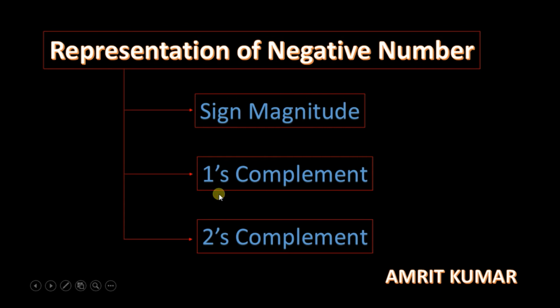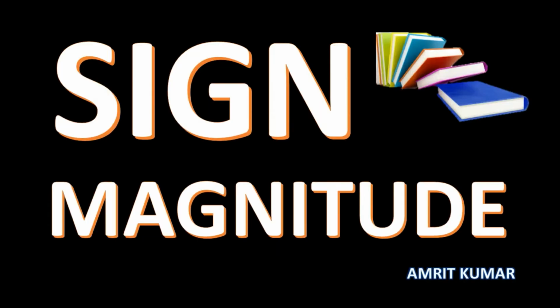In the next video we will learn about the first complement, that is one's complement, and in another video we will learn about the two's complement. We will first learn how sign magnitude represents a negative number and how we use it in a digital system.